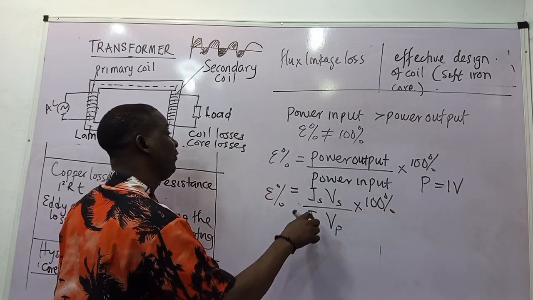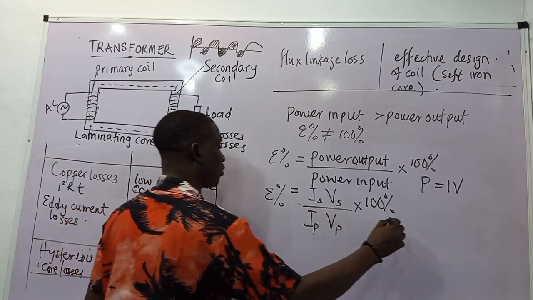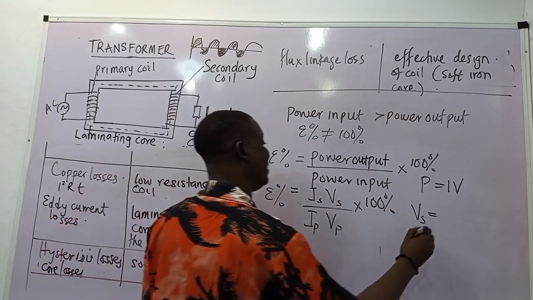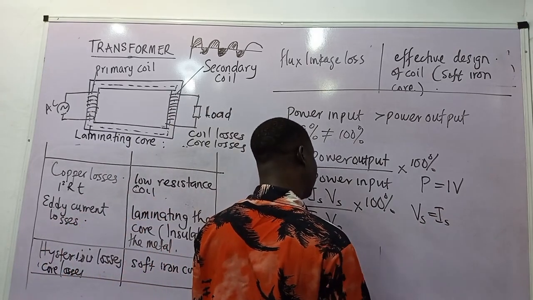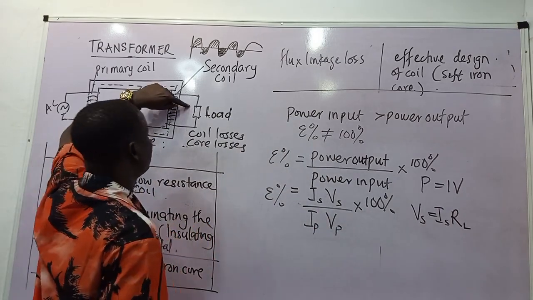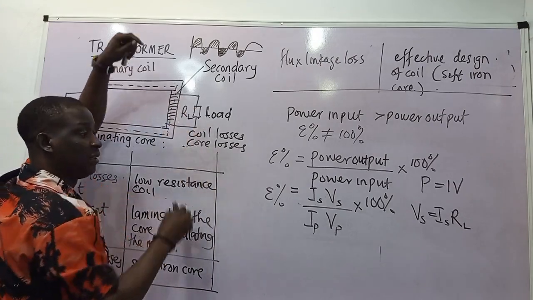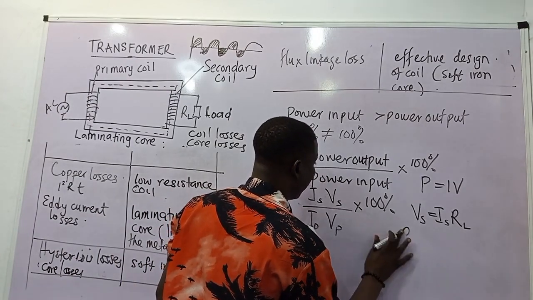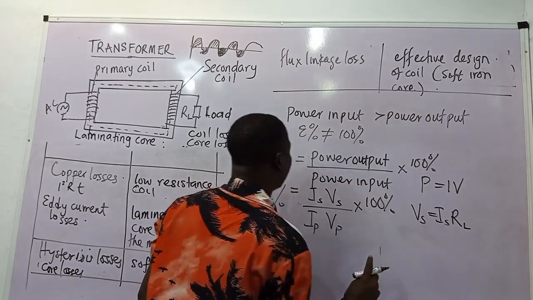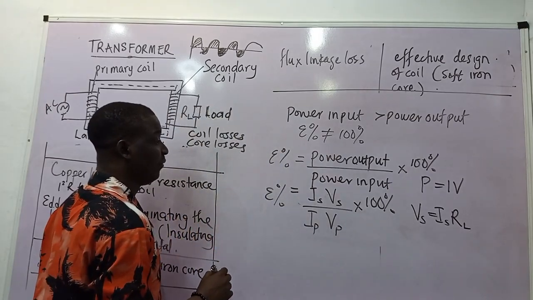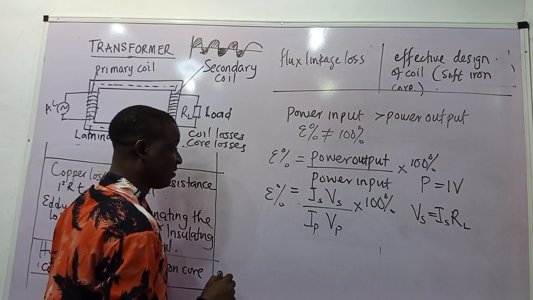Now if they did not give you the secondary voltage, we can get it by multiplying the current of the secondary times the resistance of the load. This load has a resistance, so resistance of the load multiplied by secondary current gives us Vs. So in case you are not given Vs, don't forget that.